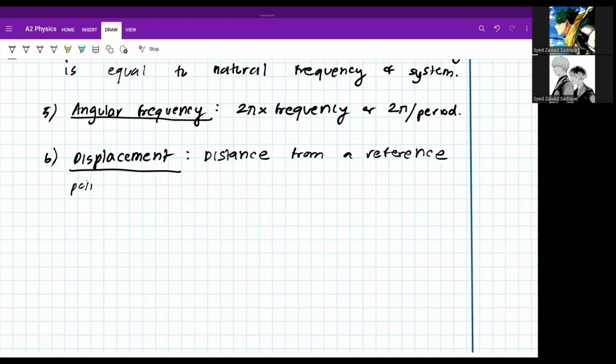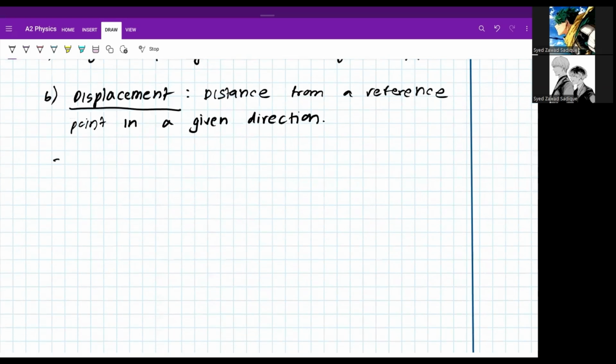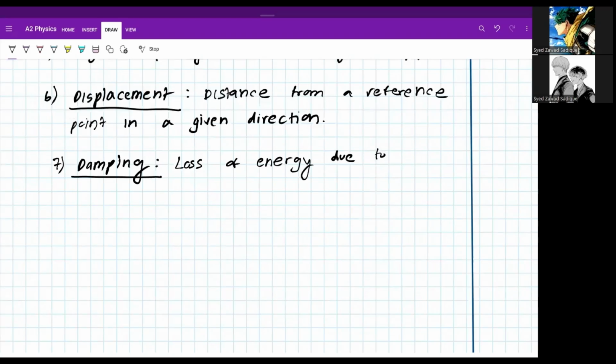Number seven is damping. So what is damping? Loss of energy due to resistive forces.